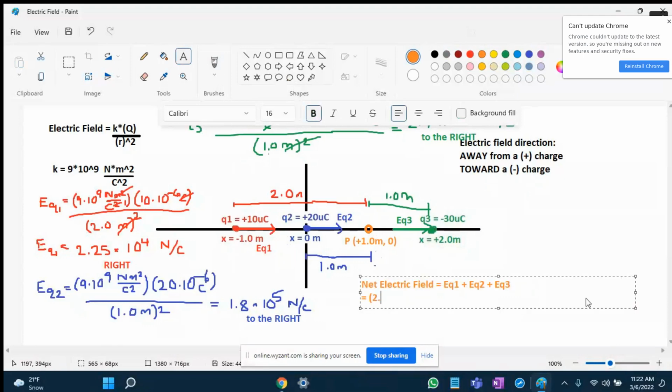So it would be 2.25 times 10 to the 4 plus 1.8 times 10 to the 5 plus 2.7 times 10 to the 5.